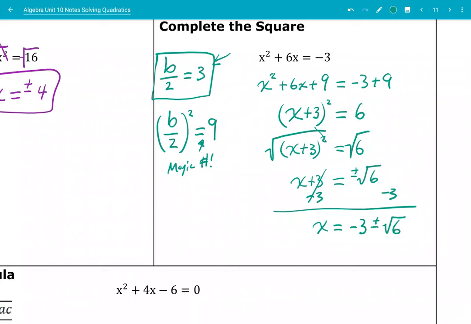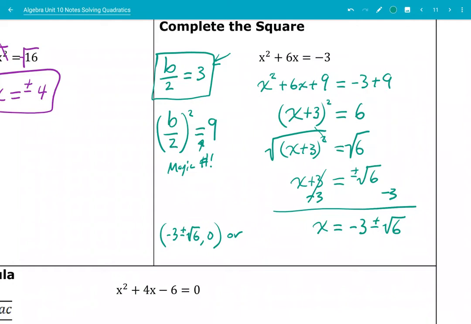And you can leave it like that, or you can write it like this, minus 3 plus or minus the square root of 6, comma 0 if you want to put it in coordinate point form, an ordered pair.